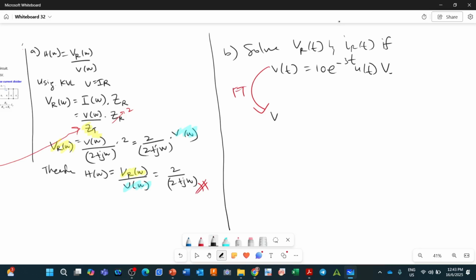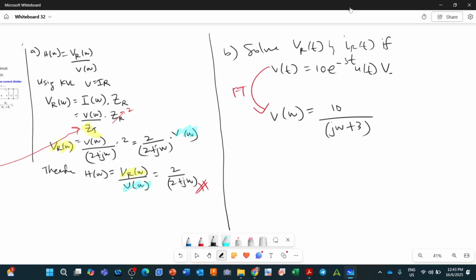So you get V omega equivalent to, what is its equivalent in frequency domain? 10 over J omega plus 3.